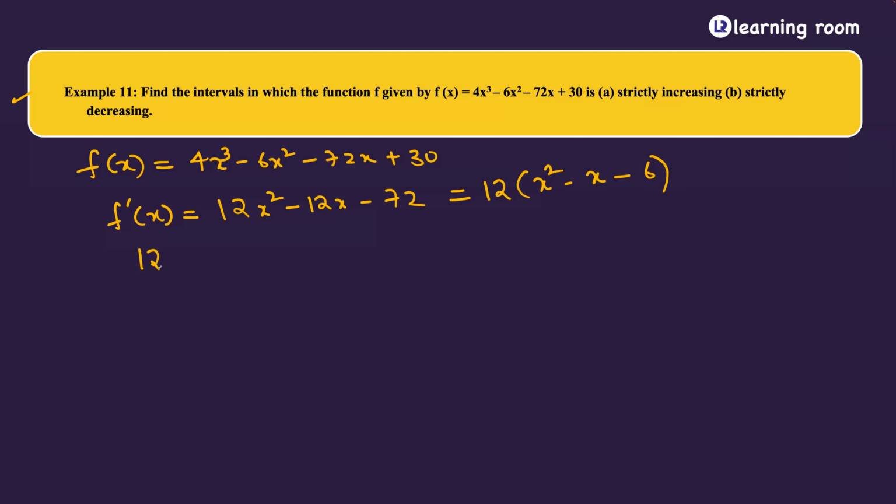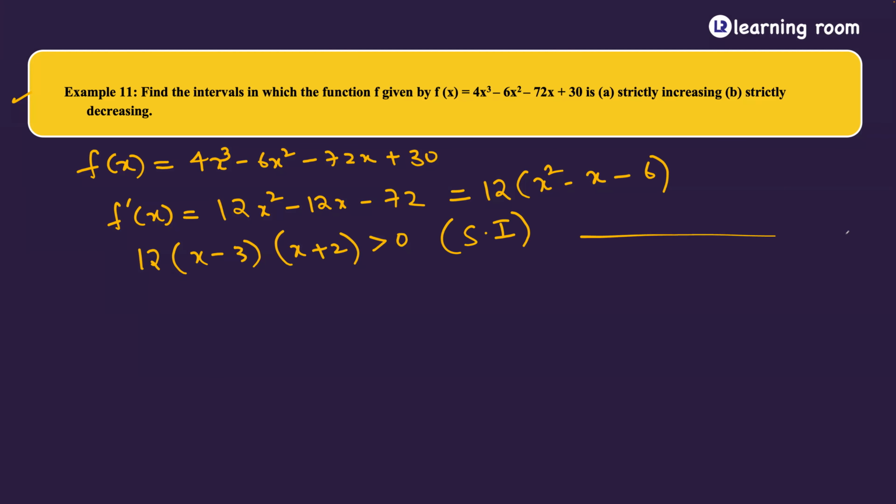Can I write this as 12 into x minus 3 into x plus 2? So this value will be greater than 0 for strictly increasing. So I'll write it as SI, strictly increasing.